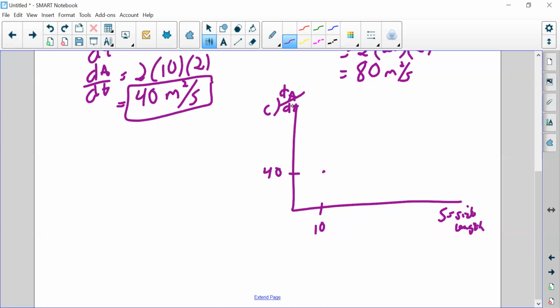When my side length was 10, I got 40. When my side length was 20, I was up to 80. So of course that's going to continue in that pattern. You could try another point if you wanted to. That's all you needed for the graph, and the main thing was labeling it.